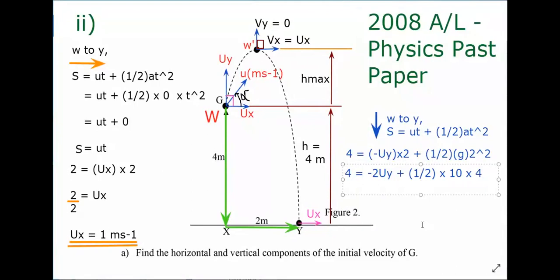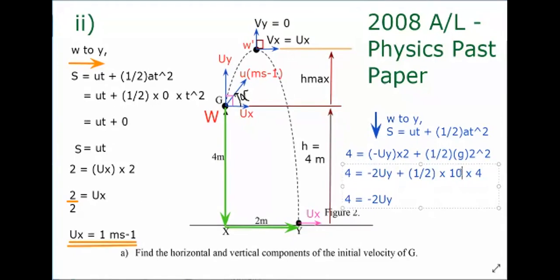Then we will get 4 equals minus 2Uy plus 10 into half, which means 10 divided by 2. So that is 5.